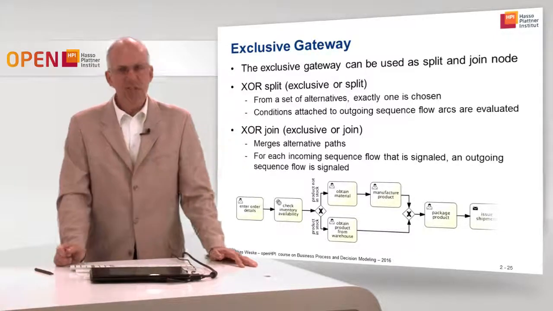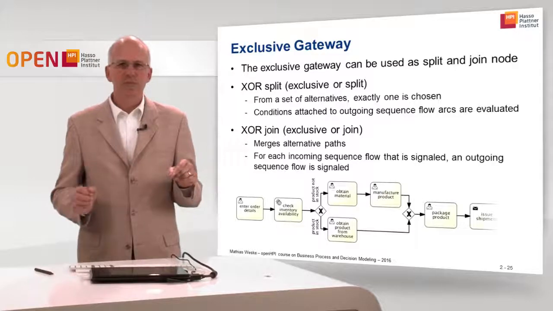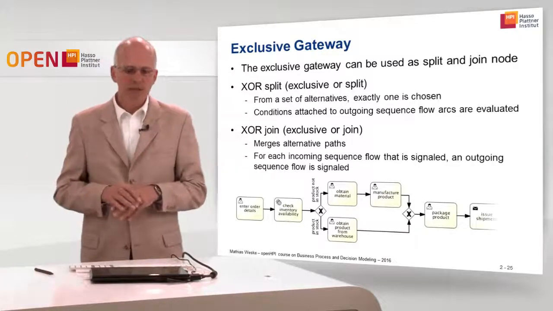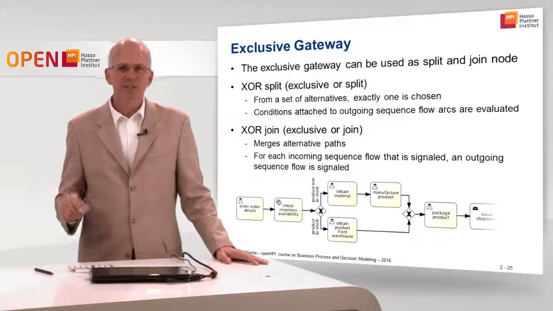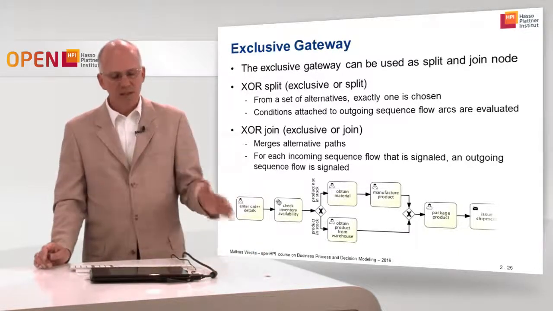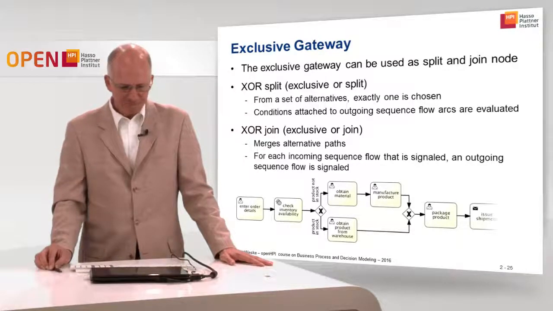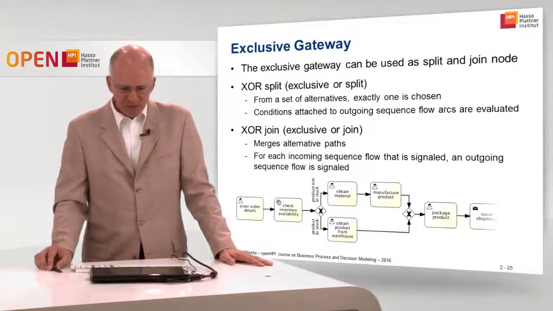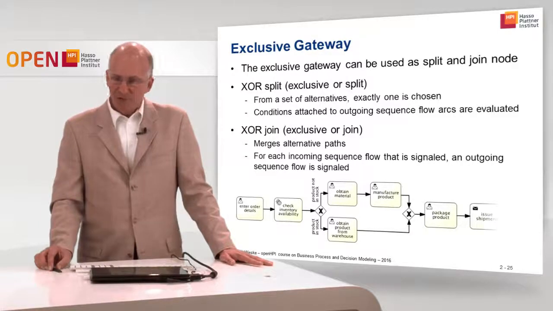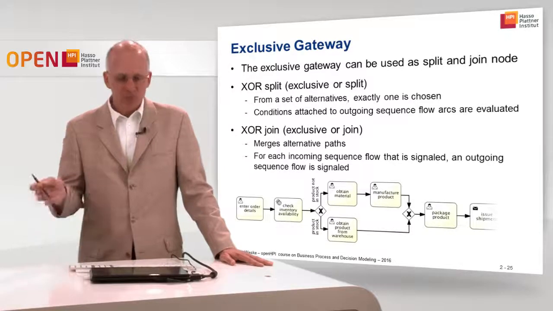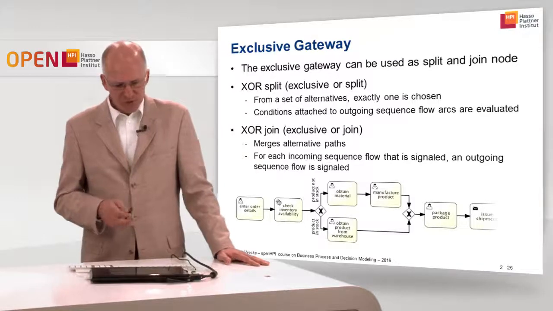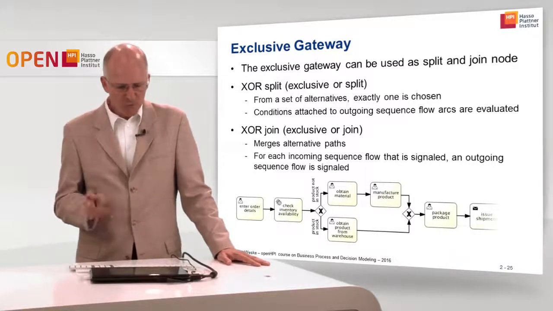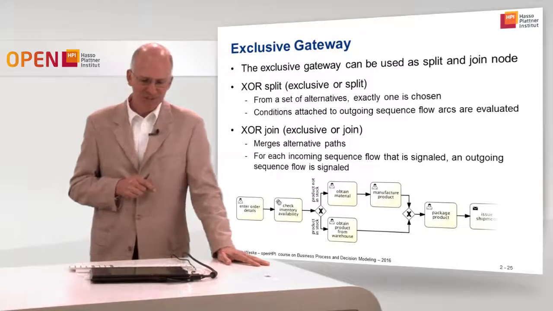This XOR split has one incoming edge and several outgoing edges, and exactly one of the outgoing edges is chosen at each signaling of the XOR split. Conditions attached to the outgoing edges are evaluated, and these are used to decide which of the outgoing conditional sequence flows is chosen, just one.